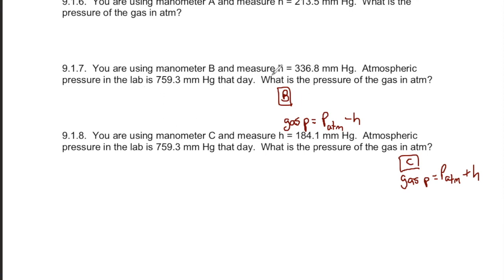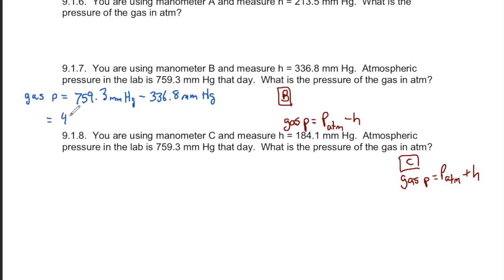Okay, so we can't really see the drawings, but I have the notes left behind, so hopefully we can make this work. All right, so for B, the gas pressure is going to be the atmospheric pressure minus the height. So we have 759.3 millimeters of mercury minus the height, which is 336.8 millimeters of mercury.